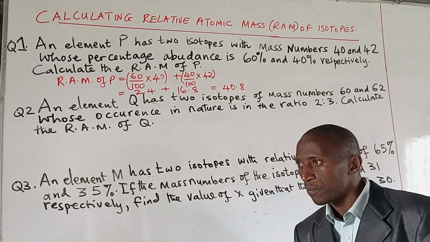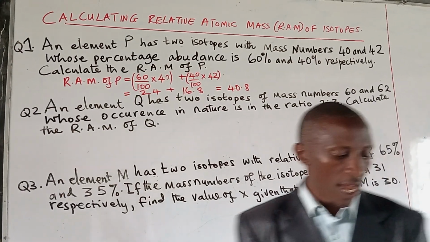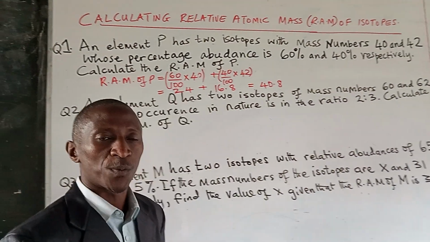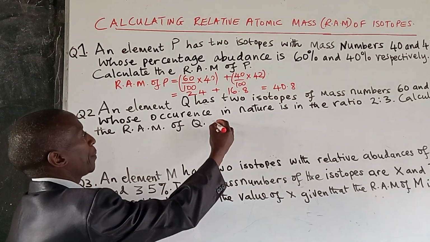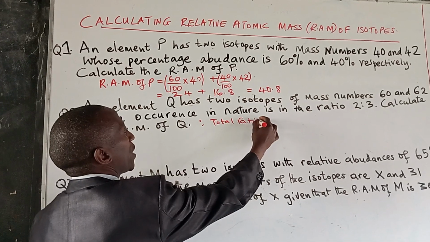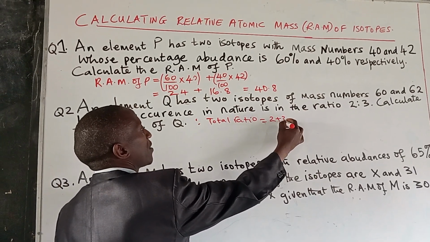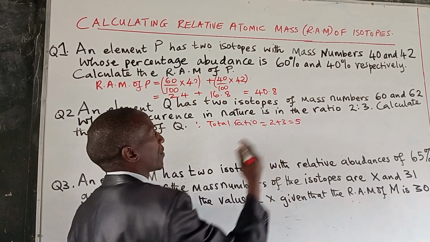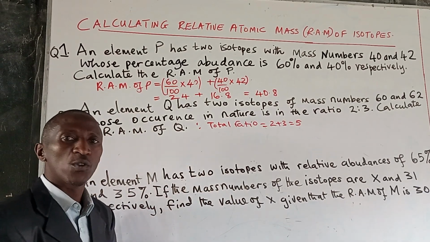The first item that we need to look at here is the total ratio. The total ratio here is 2 plus 3, giving us 5. So what does that ratio imply?